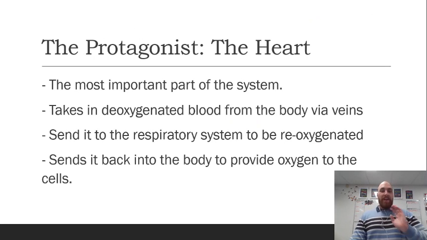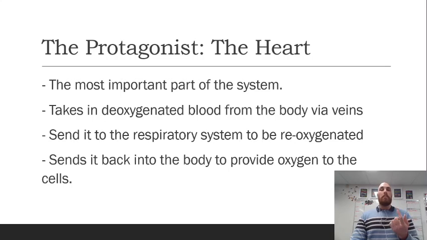So the protagonist here, the main player, is the heart. It's probably the most important part of the system, in my opinion at least. It takes deoxygenated blood from the body. So when we go through respiration, that process that we talked about in the previous lesson, it takes the deoxygenated blood from the body via the veins.